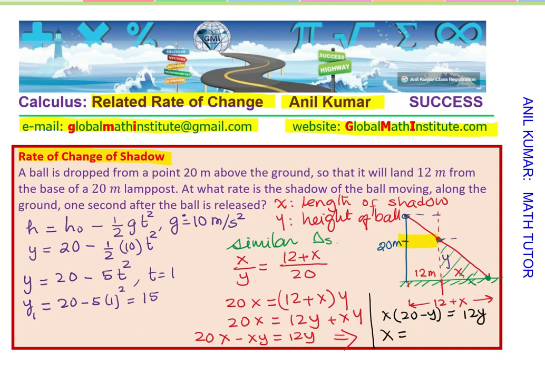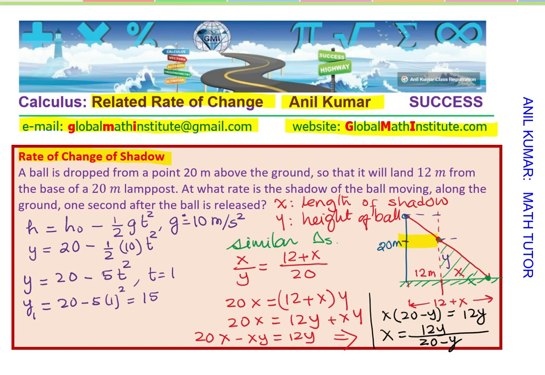Or x is equal to 12y divided by 20 minus y. Makes sense? I just squeezed it in, however, it looks good to understand.